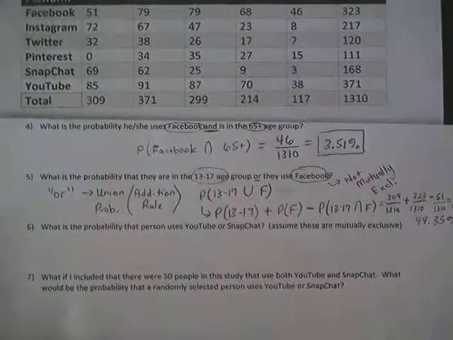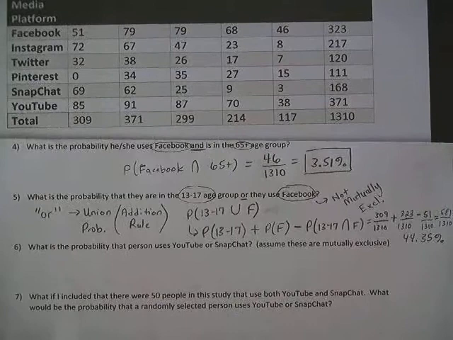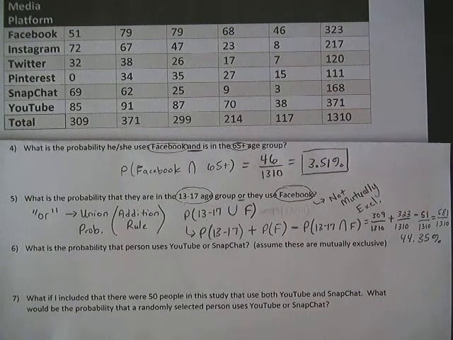All right. So let's do number 6. Number 6 says, what is the probability that a person uses YouTube or Snapchat? And it says in the problem, assume these are mutually exclusive.